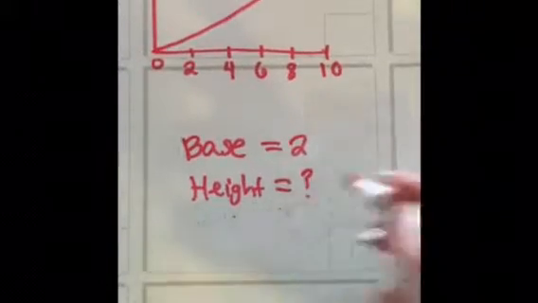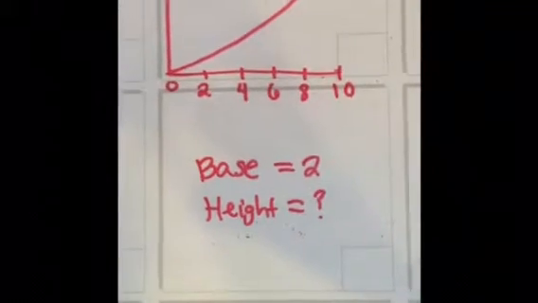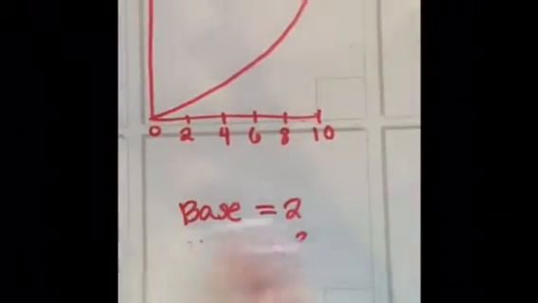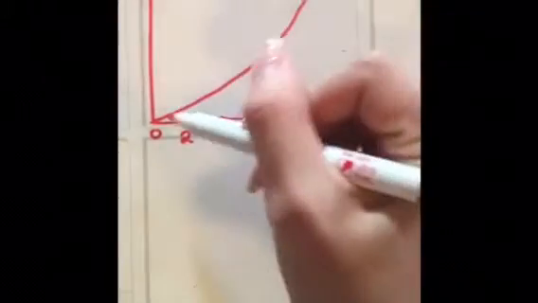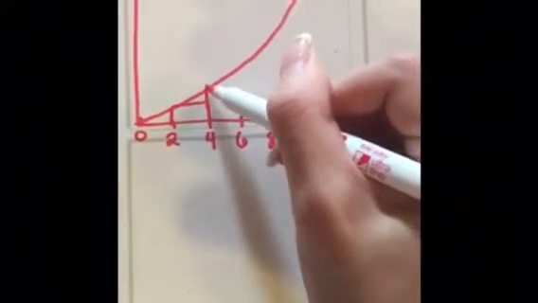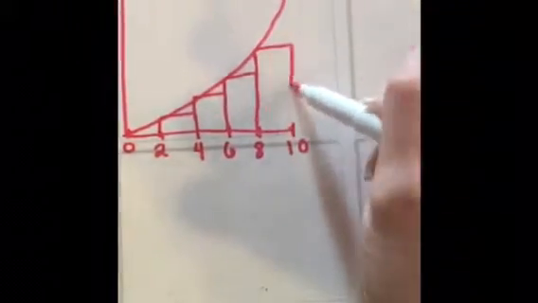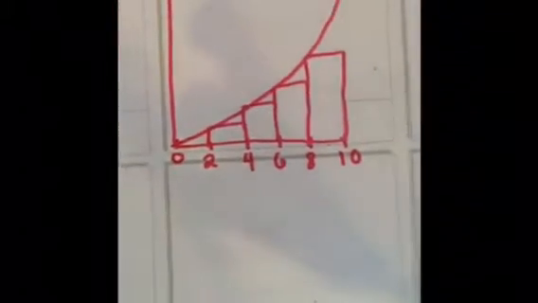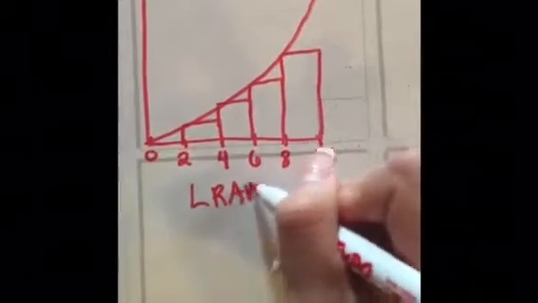I think it's easiest to start with LRAM, where we'll be using f of x for 0, 2, 4, 6, and 8 as our heights. It's important to note that we're not using f of 10 in any of our heights because f of 10 is on the right of the rectangle, and we are only using the left side.